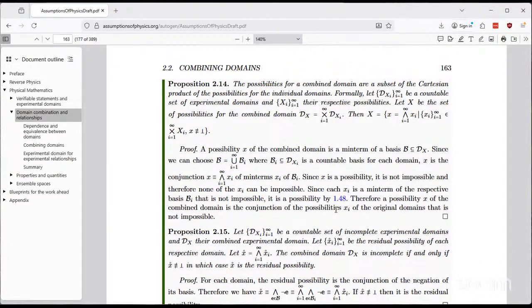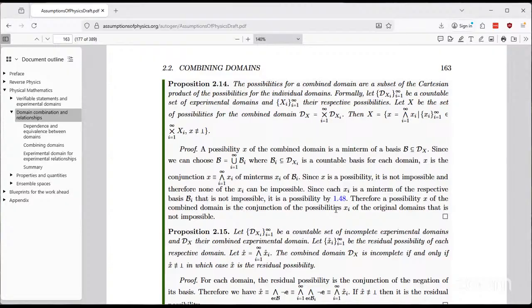Okay. The possibilities for a combined domain are a subset of the Cartesian product of the possibilities for the individual domains. Formally, let dxi be a countable set of experimental domains and xi be their respective possibilities. Let x be the set of possibilities for the combined domain, dx, that we just defined.